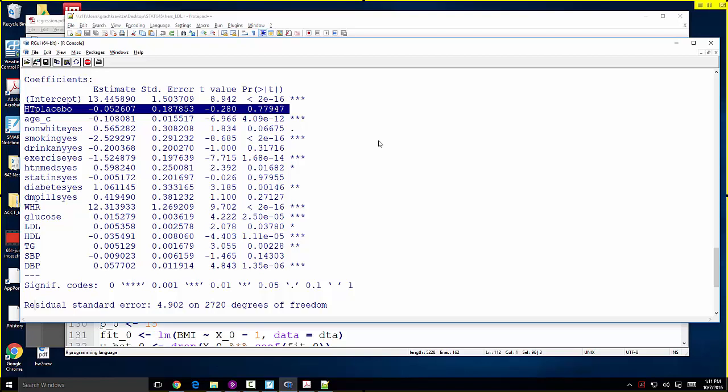Beta 1 hat is a mean difference comparing placebo to treatment, and we interpret it as among people who have the same values of everything else.